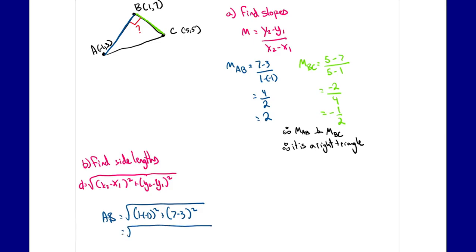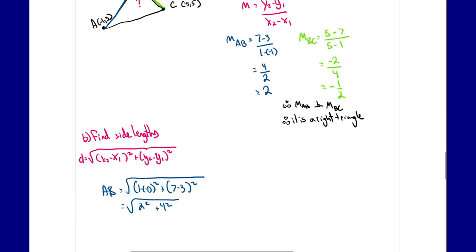So we get 2 squared plus 4 squared, or 4 plus 16, which is the square root of 20. Now I'm going to leave it at that. I don't really care about the decimal, because if I check my other answers and I get the square root of 20, then I'll know that they'll be the same length. So just saving myself a step or two.